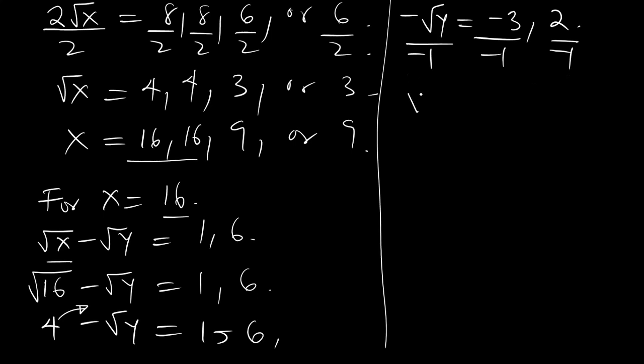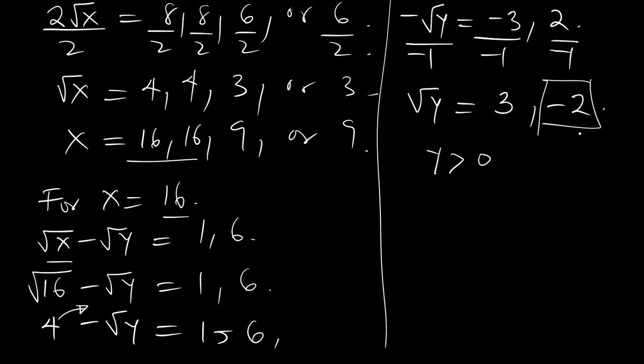You now have the square root of y equal to 3 and 2. Since we're looking for y greater than 0, this is not part of the solution. So the square root of y is equal to 3. That means if you square both sides, you have y equal to 9.